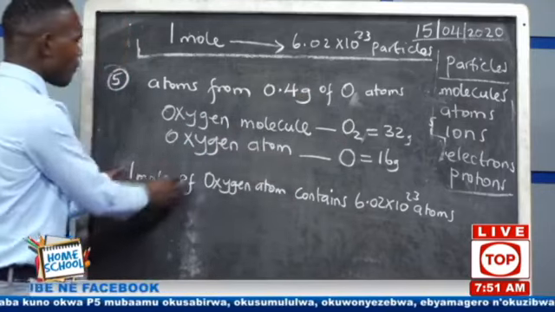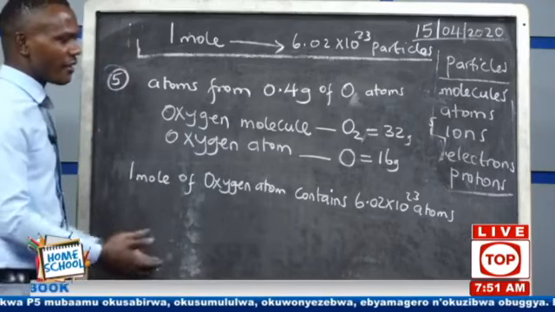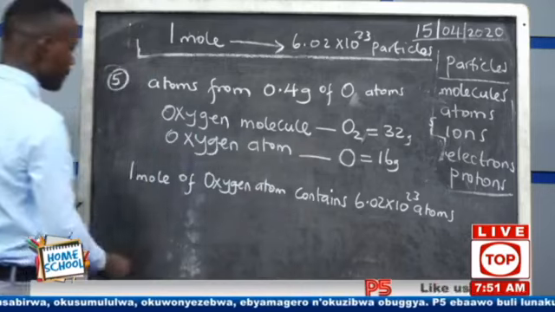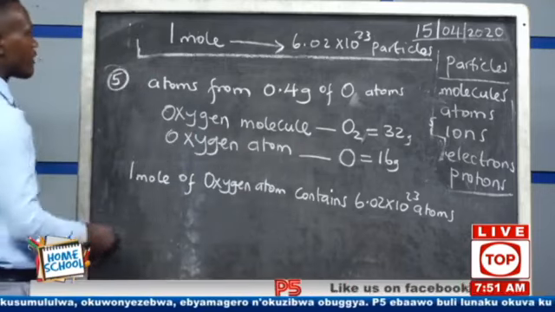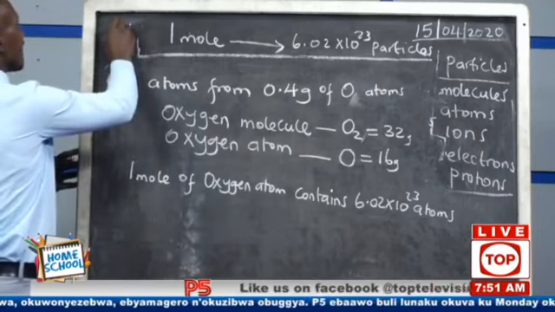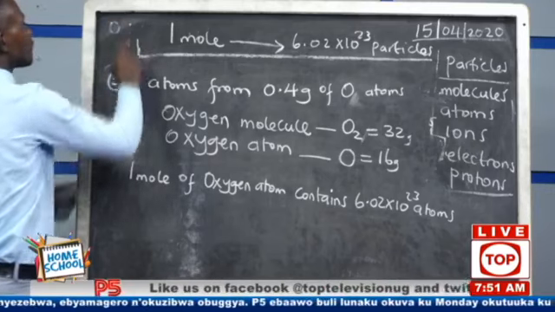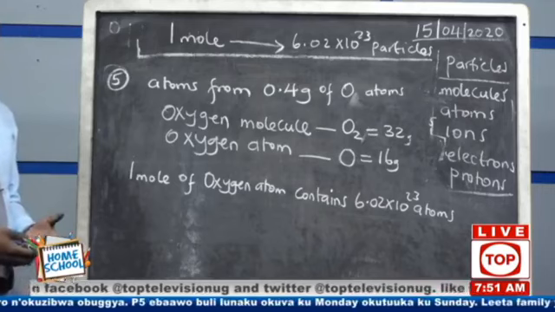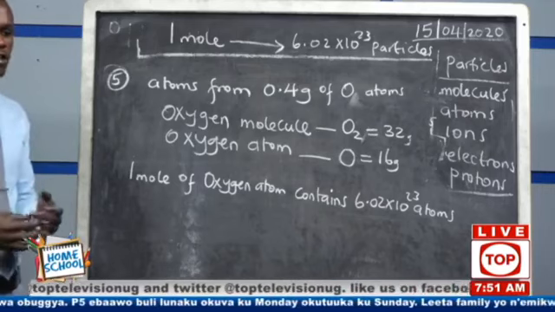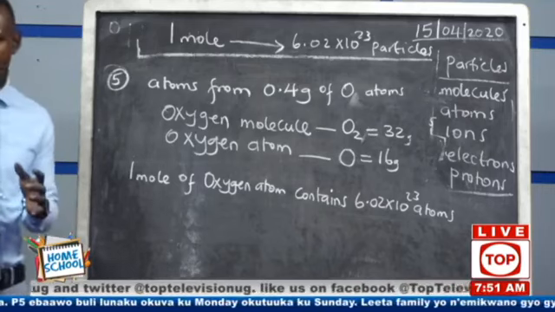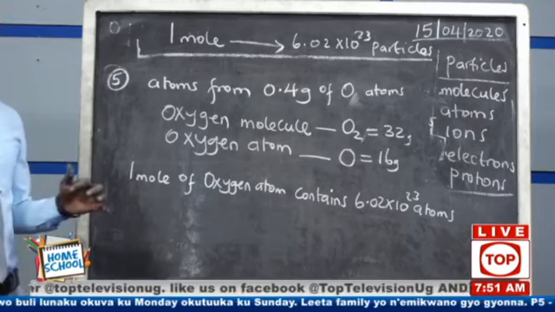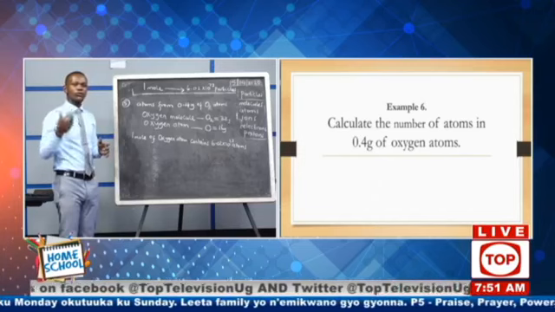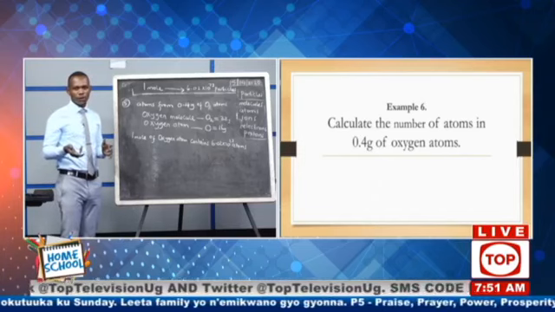That means 1 mole of oxygen atom. And what is the relative atomic mass of oxygen atom? It is this one. That means 1 mole, once you say just 1. If you say I have 1 mango, and they have told you 1 mango is weighing 2 kilograms, then if you put it in the language of grams, you say I have 2 kilograms of mangoes.